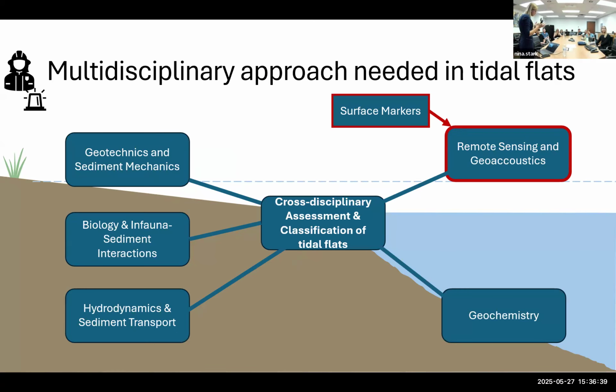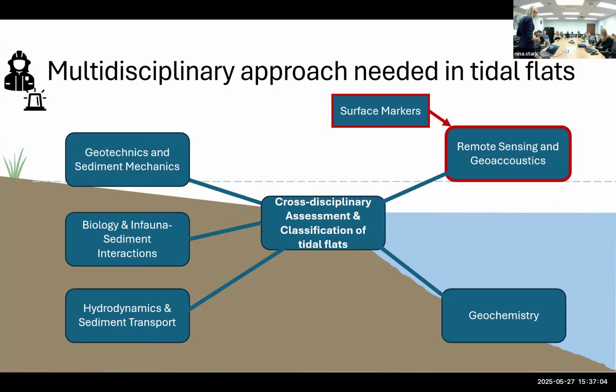And this idea fits well into the point of surface markers. It's again about operational improvement, using triggers and thresholds, creating alarm and warning systems, using a remote sensing approach, to look at it from the computer instead of the field.